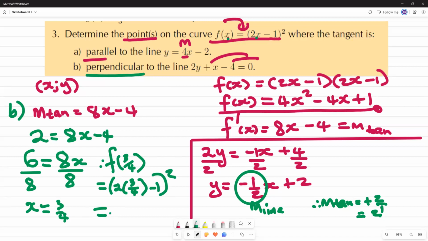The answer gives me 1/4. So this is the y value, that is the x value. Therefore, we can see that our point is 3/4, 1/4.